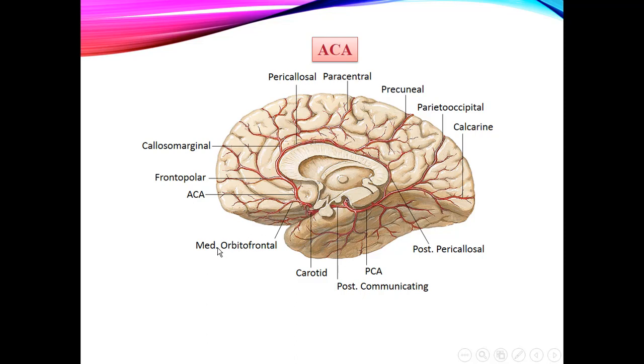Because of that, it's called medial orbitofrontal branch. This branch is the frontopolar, and as you see, it supplies the anterior part of the frontal lobe.